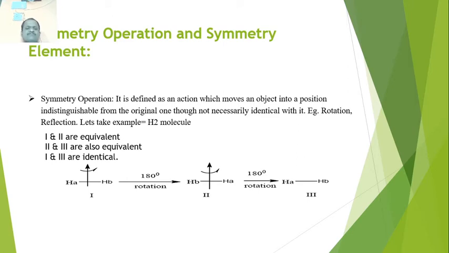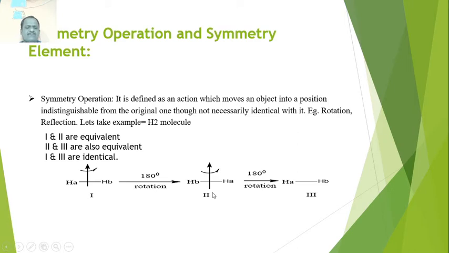Suppose I have here an H2 molecule. On one side there is HA, and on the other there is HB. When we perform any operation on this H2 molecule, you will get a new configuration. Let's say when you rotate this molecule by 180 degrees, you will get the new configuration.